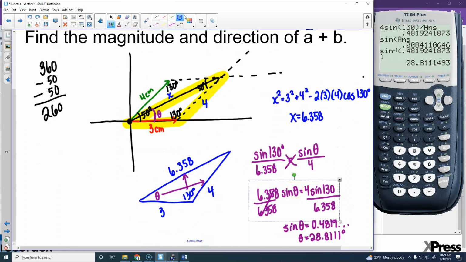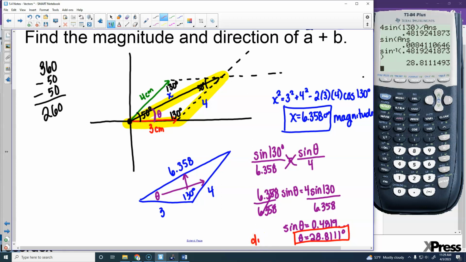So our magnitude is 6.358 centimeters, and our direction is 28.8111 degrees. Okay, questions?